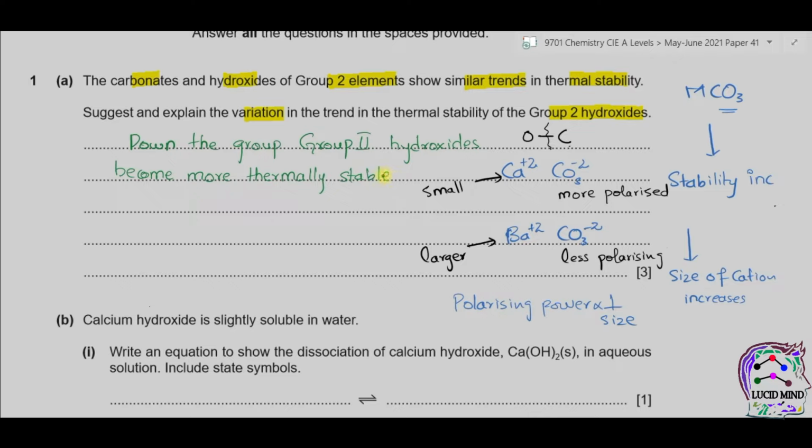As we move down in the group, the size of the cation increases, and the polarizing power of the cation will decrease.